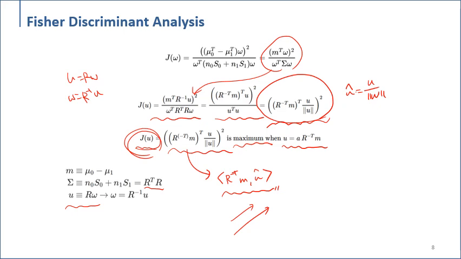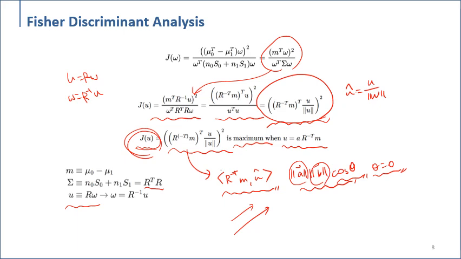Because the magnitude of the inner product can be calculated like this, and this is maximized when cosine theta is equal to 1, so when theta is 0.